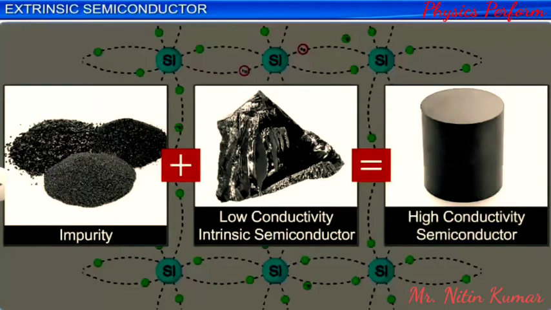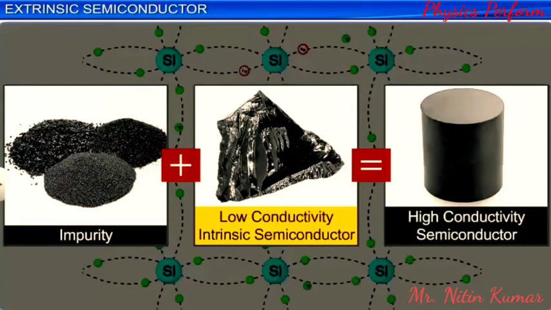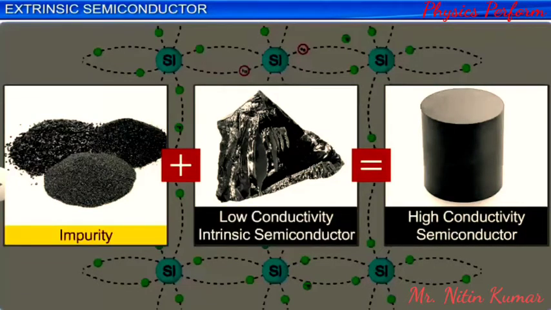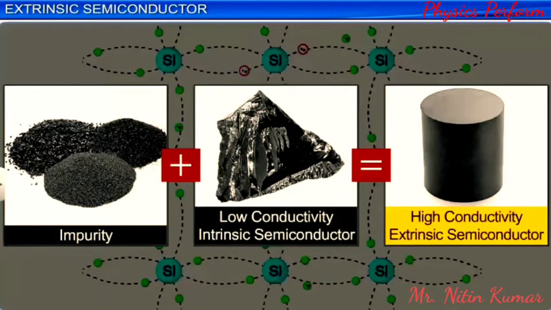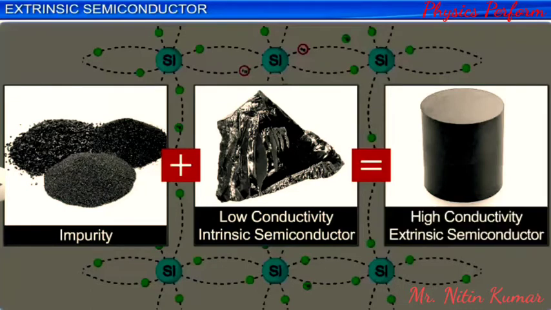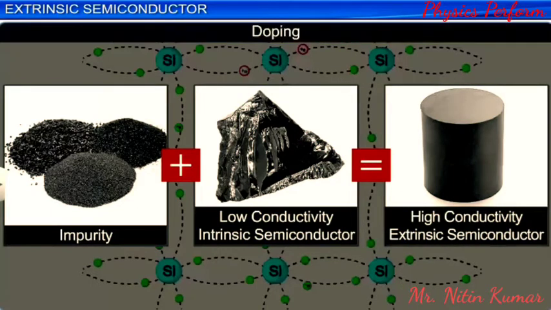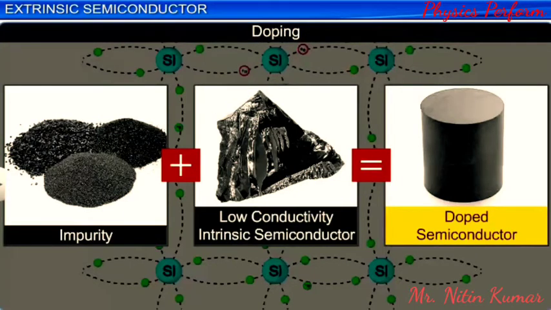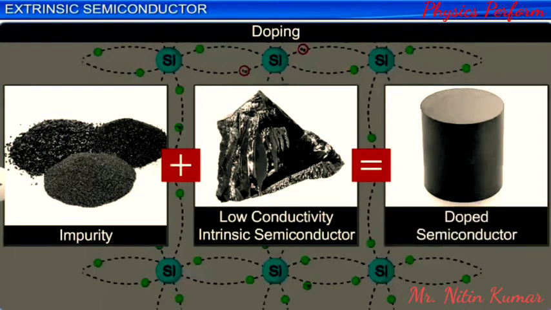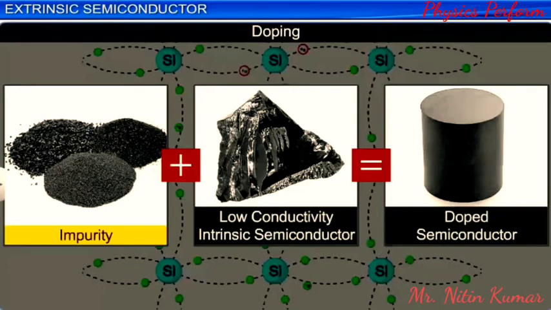A semiconductor that has an added impurity to increase its electrical conductivity is called an extrinsic semiconductor. The process of adding the suitable impurity to a semiconductor is called doping. Thus, an extrinsic semiconductor is also called a doped semiconductor. The impurity atom added to a semiconductor to increase its electrical conductivity is called a dopant.